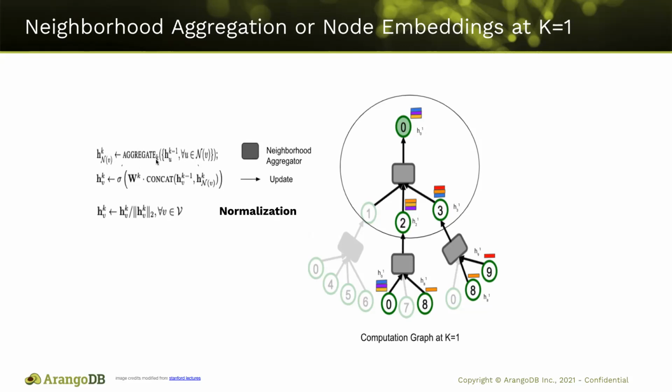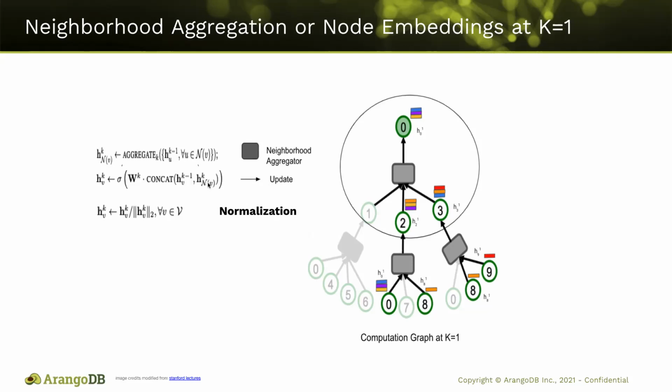Once we have this aggregated representation, what we need to do now is update the final representation of node 0. Updation here means that we concatenate the neighbor representation of the previous layers of node 0 to its self representation.